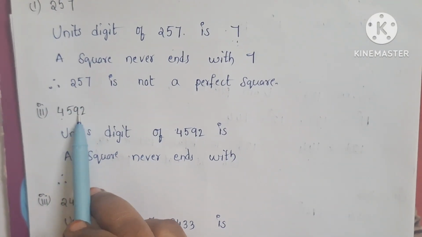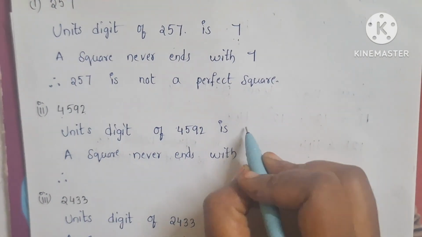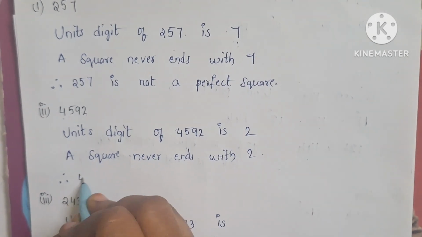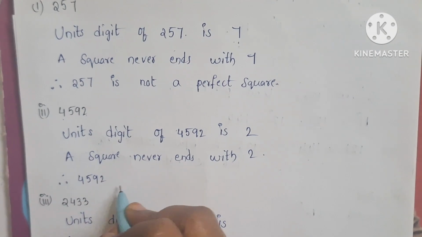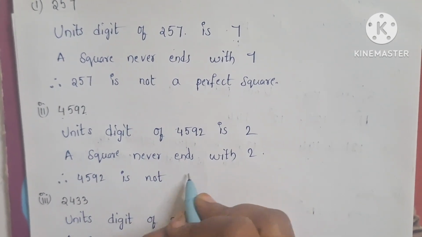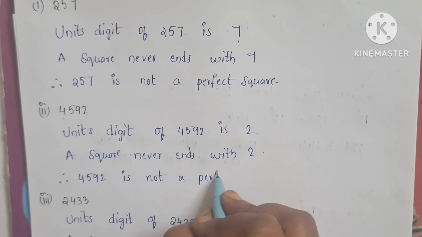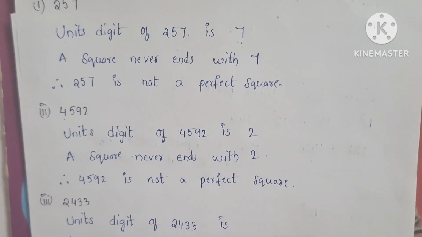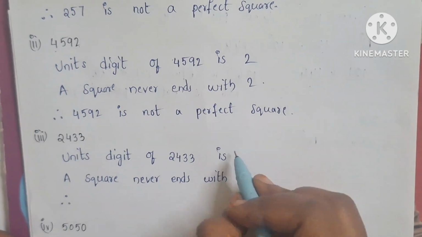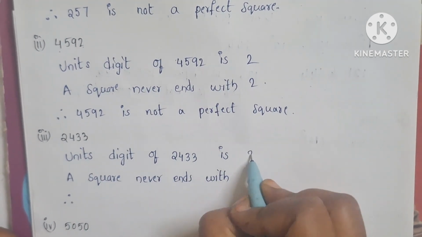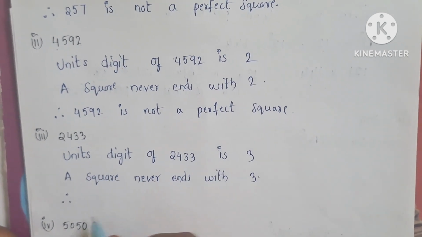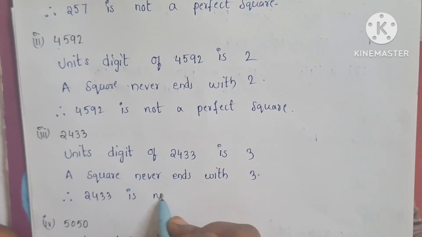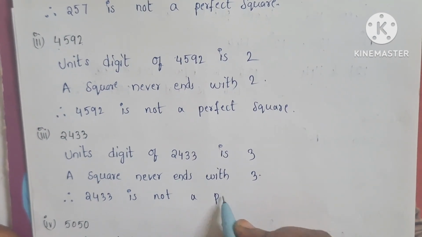Next, 4592. What is the unit digit here? 2. So, a square never ends with 2. Therefore, 4592 is not a perfect square. Okay, similarly, what is the unit digit here for 2433? 3. So, a square never ends with 3. Therefore, 2433 is not a perfect square.